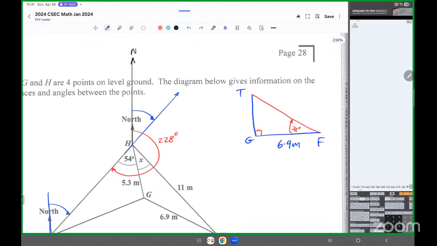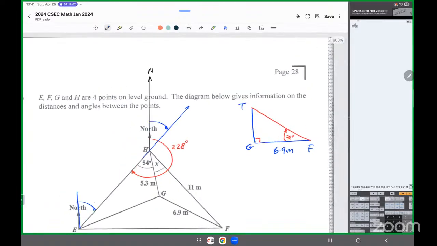And how can I find that angle? Easy. The whole angle around here is 228, and from here to here it's 180. So this angle in here becomes 228 minus 180. You see that? Easy calculation. One calculation rather than doing all the gymnastics.